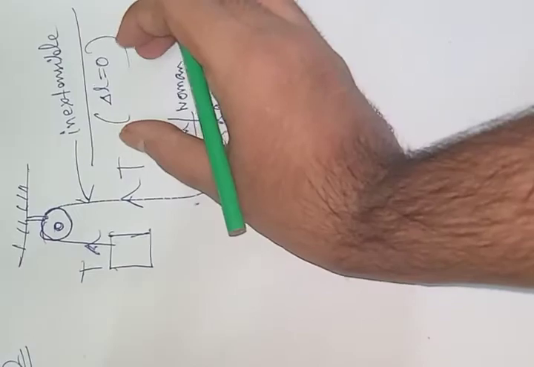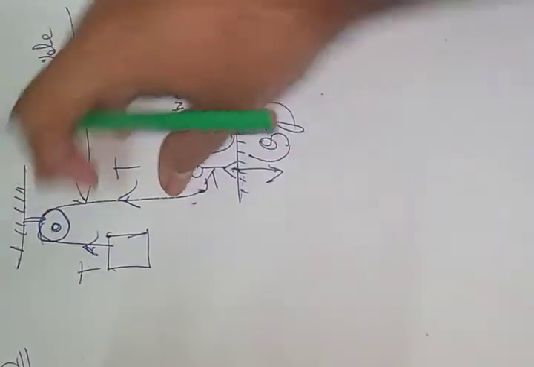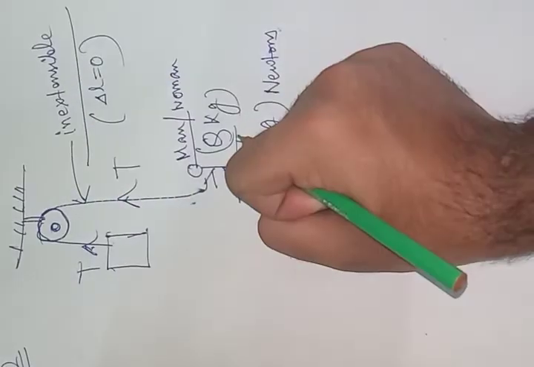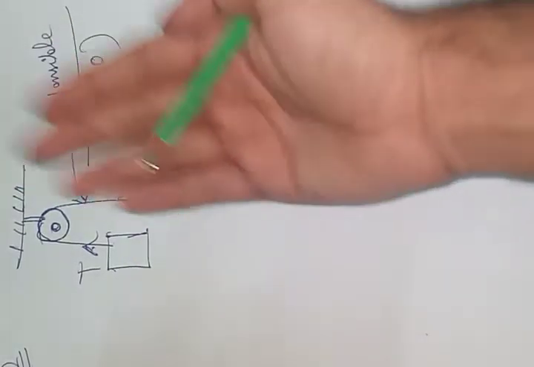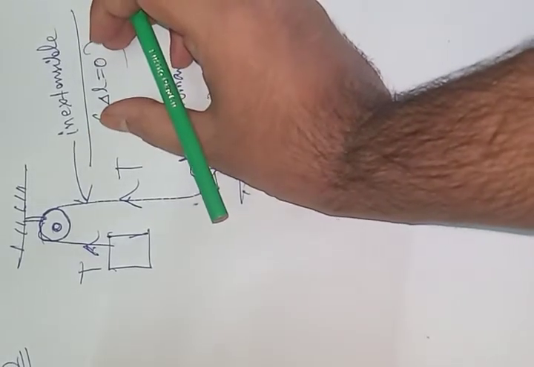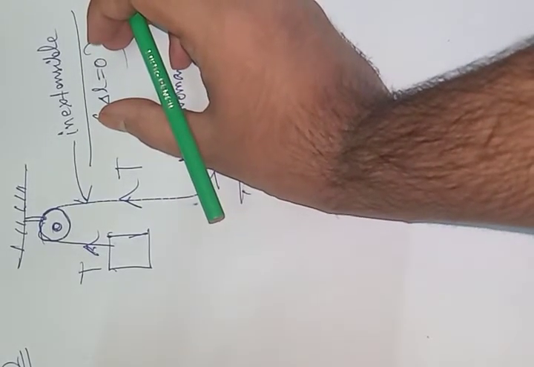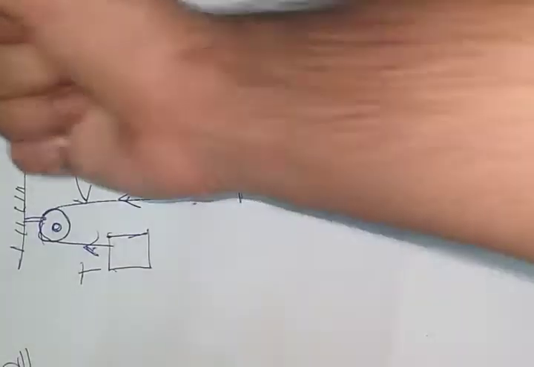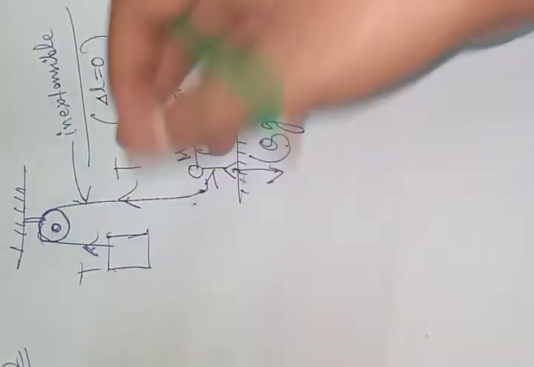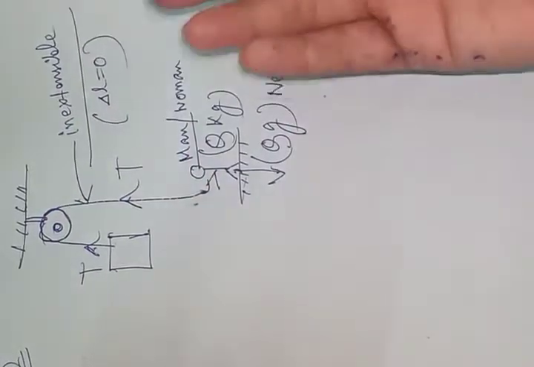Suppose the initial length is L, and afterwards also if we pull, the length remains the same, that is L. So there is no change in length, delta L is 0, right? That is what I was talking about in the previous question: if you pull it downwards, the string will not change its length.